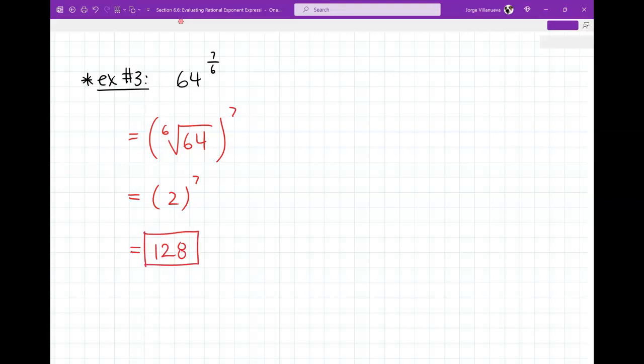So check that. Make sure you get that. Try putting that on your calculator. Make sure that you can type in 64 to the 7/6 power, and it gives you that answer. If you want to try working it out the other way, the way I'm doing it right there, just punch in the numbers. Make sure you can do it.